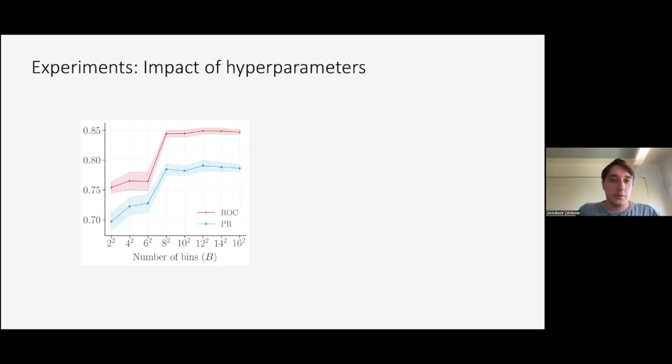Okay, so we also examine the impact of some hyperparameters. As I mentioned, we have this number of bins. When we increase this number of bins, our model's capacity increases. So for this experiment on the artificial data set, we increase the number of bins, and then the performance also increases up to a certain point, and then it saturates because the model reaches enough capacity.